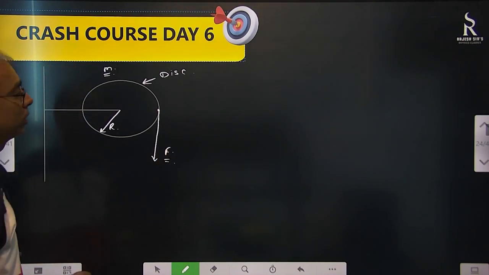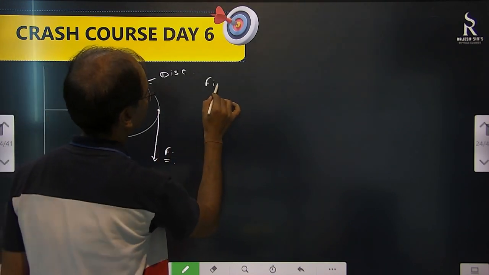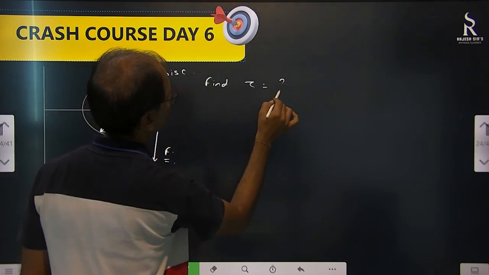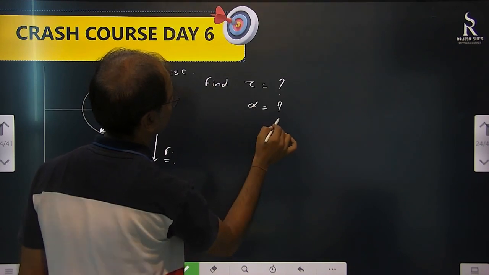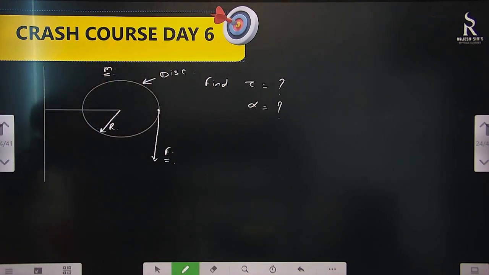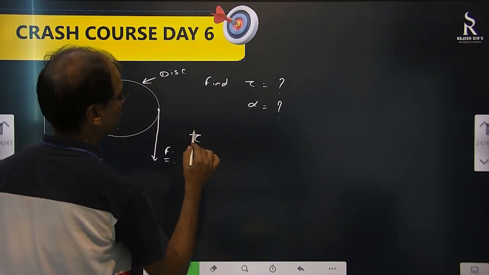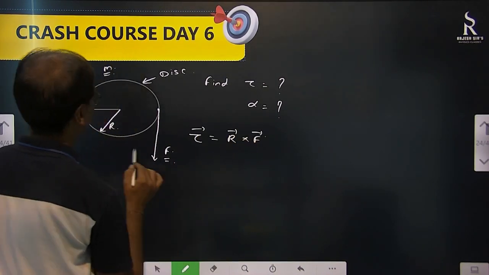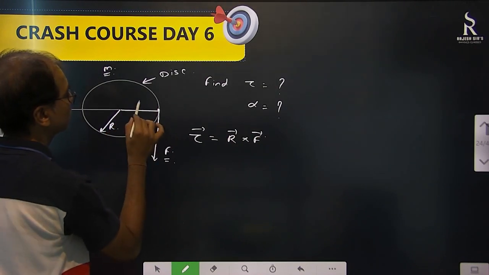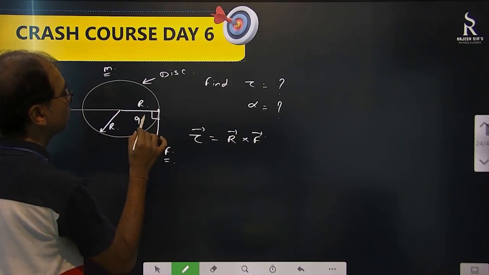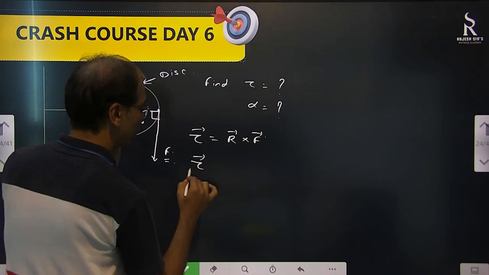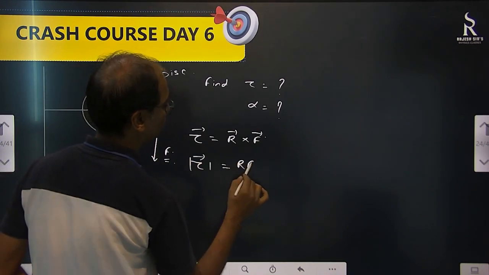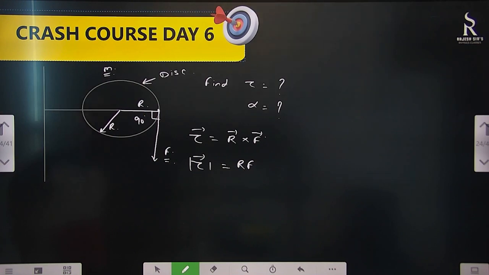So what we have to do is, first find torque, and then alpha. What is torque? What is alpha? Torque is very simple, R cross F. There is no problem in that. But now what is the angle between R and F? Let's say this is R, this is F. Angle is 90. So torque value is R into F. Second thing, what we have to find?